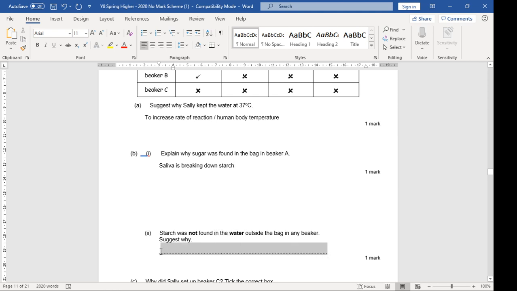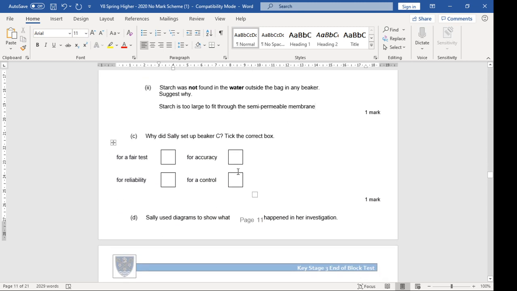That's because starch is too large to fit through the semi-permeable membrane. The only things that can pass through are small molecules like sugar or salt. Starch is lots and lots of sugar molecules joined together, so it's far too large.